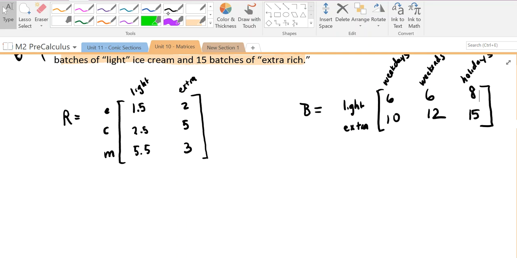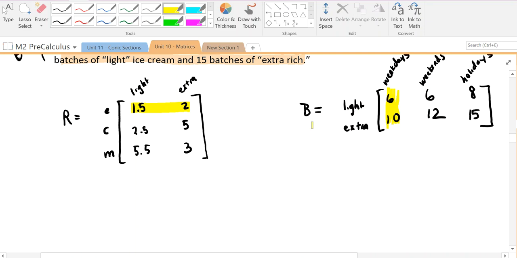As I go to do my row and dive, notice how my light eggs is multiplied by the number of batches of light I need on the weekends, and how many eggs in the extra rich is multiplied by extra rich. You just want to make sure that that's happening. So my result is going to be eggs.